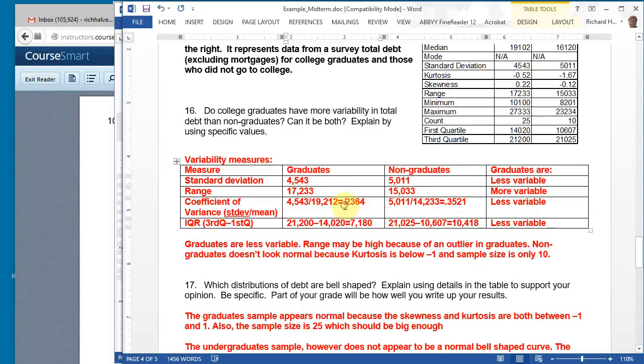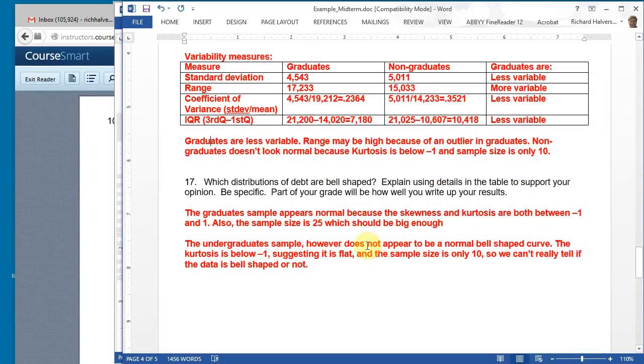The fact that graduates vary less with respect to themselves than non-graduates is also a stronger indication of less variability than we would have from the range being greater. So the answer is graduates are less variable, pretty definitively. Okay, what's next?